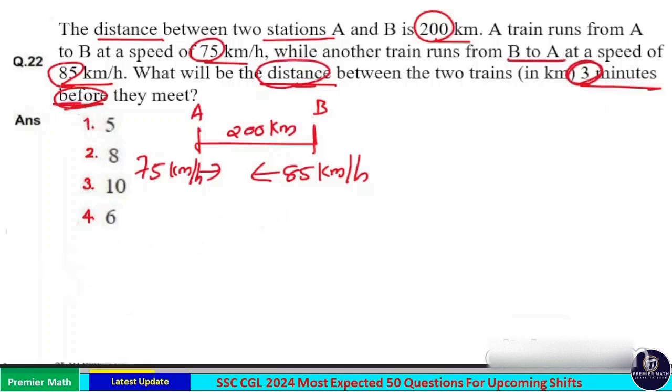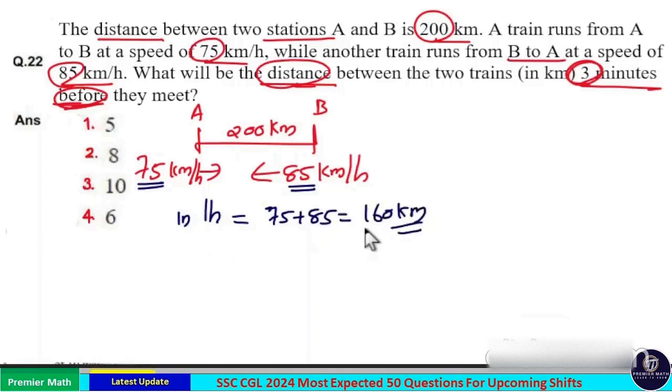In 1 hour, the train from station A to B travels 75 km, and in the same 1 hour, the train from station B to A travels 85 km. So the total distance travelled by these two trains in 1 hour is 75 plus 85, which is equal to 160 km.